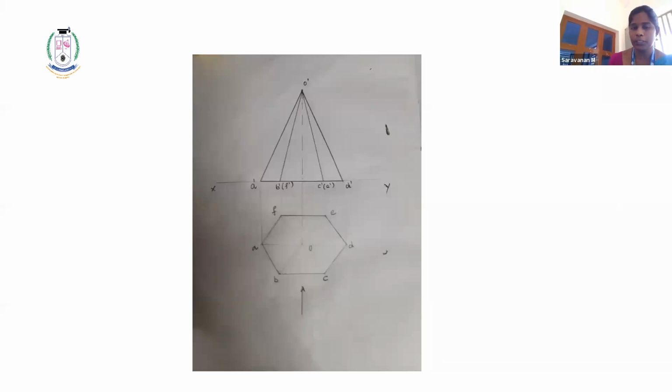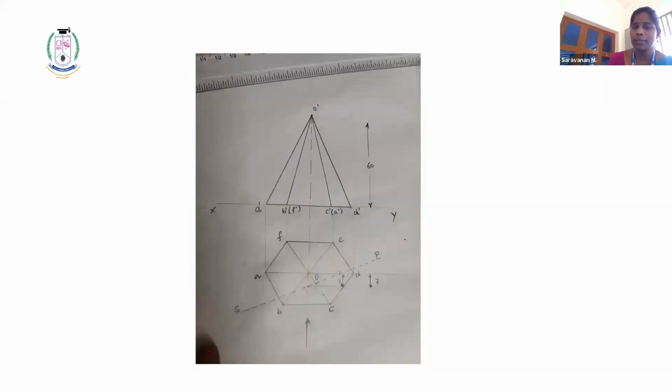After drawing the simple projection of the solid, show the sectional plane. The sectional plane is shown here. If you observe, the sectional plane is passing through 7 mm below the axis.